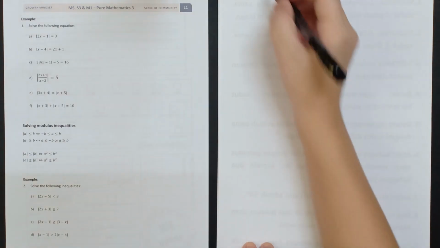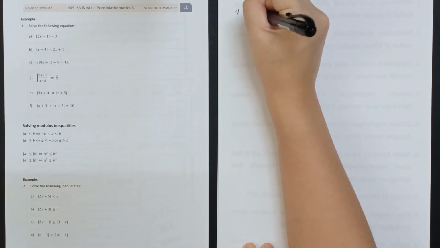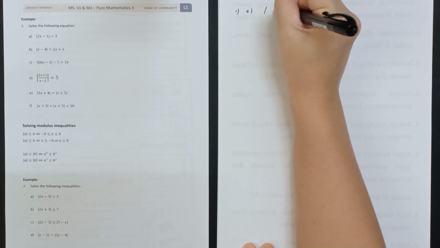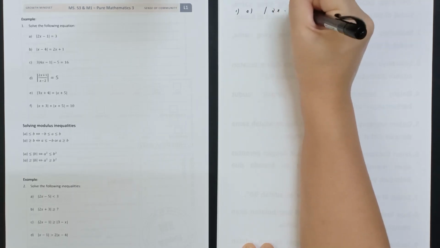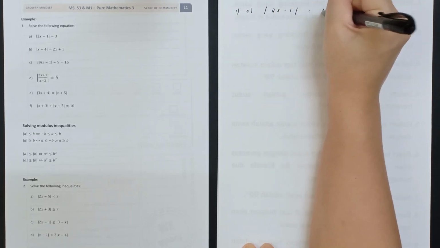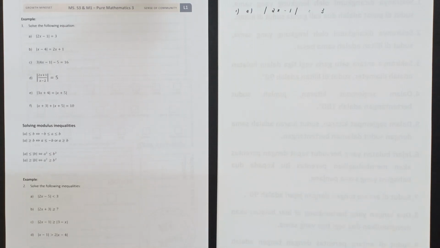Okay, so let's see question 1a. Solve the following equation: modulus 2x minus 1 equals 3. So how do you solve that? You know that for modulus 2x minus 1 equals 3, 2x minus 1 can be -3 or +3.